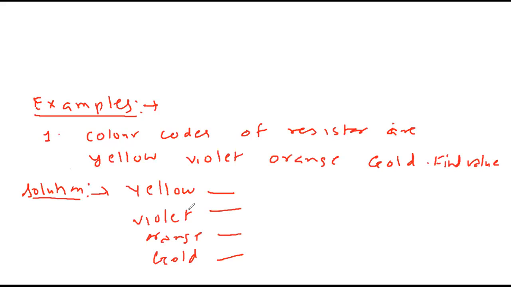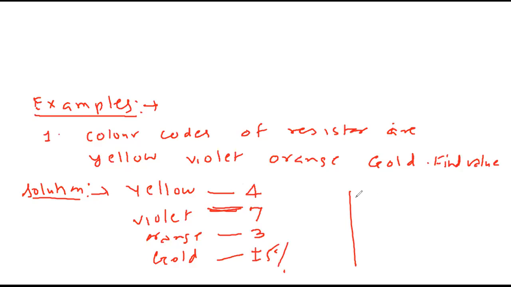Yellow stands for which digit? 4. Correct. And violet? 7. Orange? 3. Gold means plus or minus 5%.